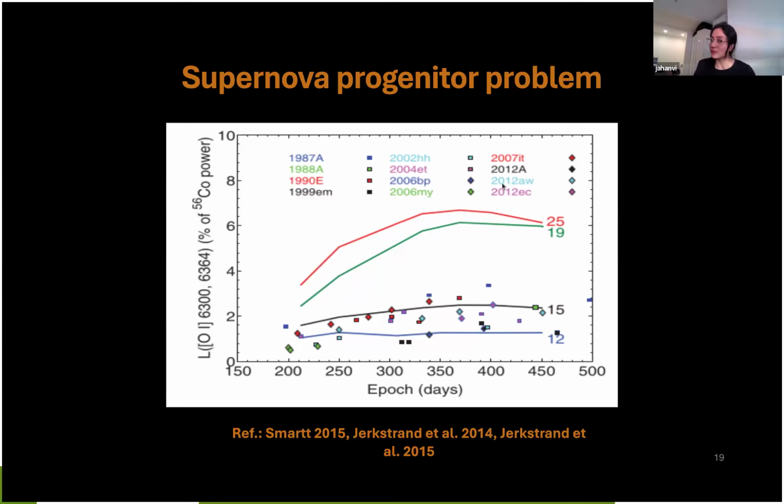They took the data of the supernovae. Here, what we are plotting is the luminosity of oxygen, which is normalized. And what you can see is that the observed supernovae are all around 12 to 15 solar masses, so it's for sure below the 19 solar mass limit, which again says that we are missing the progenitors above 19 solar masses.